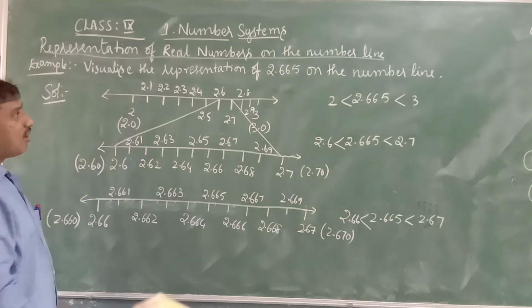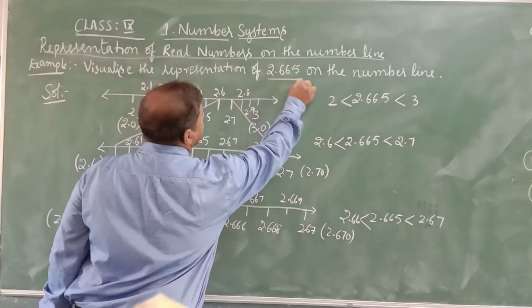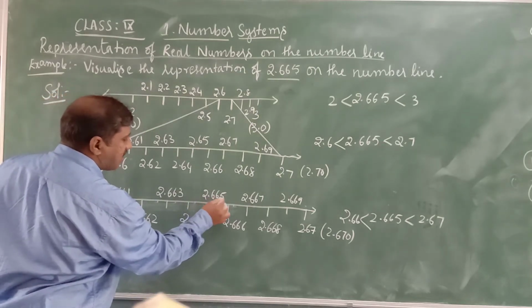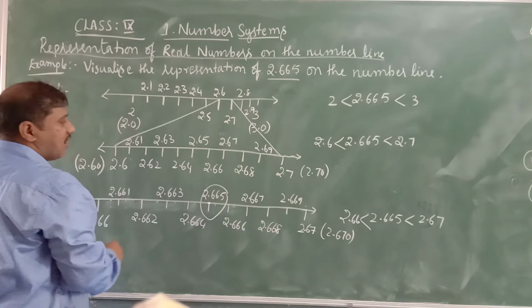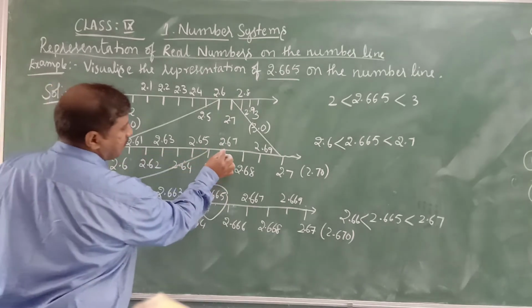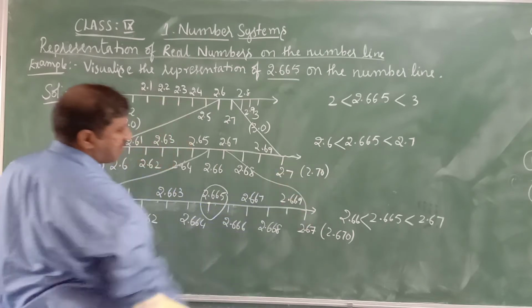Now where do we have to locate 2.665? This point will give you 2.665. Join this to the last point like this.